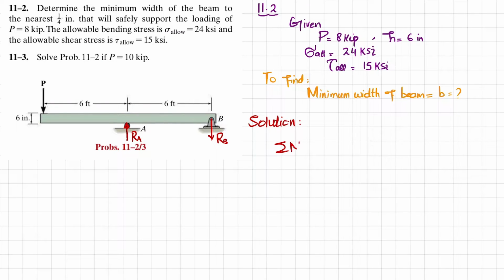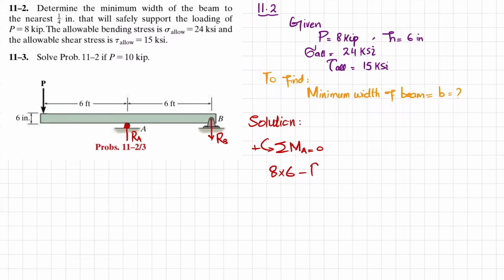The first equilibrium condition is that the sum of all moments about point A is equal to 0, taking the counterclockwise moment as positive. The moment about point A is due to this load, which is P times the perpendicular distance of 6 feet, and this is counterclockwise, so it will be positive. P is given as 8, so 8 multiplied by 6. The second moment is due to Rb, with perpendicular distance again 6 feet, and that is clockwise, so it will be negative.